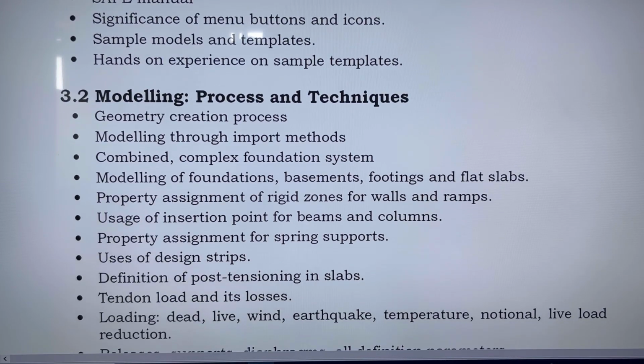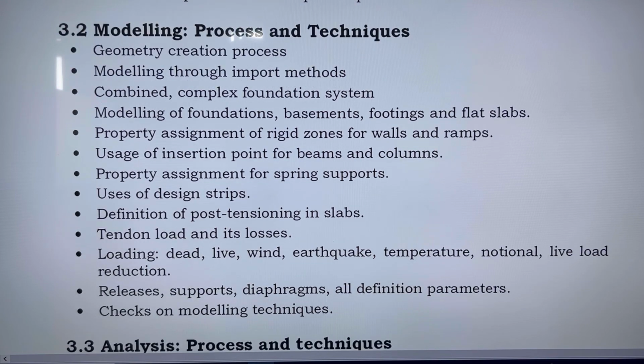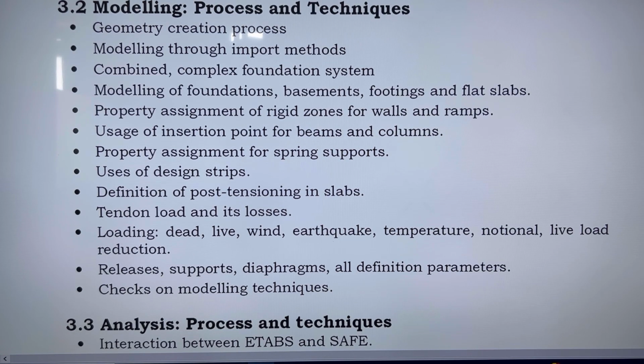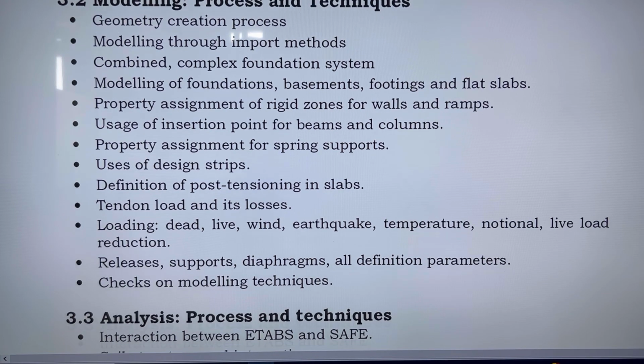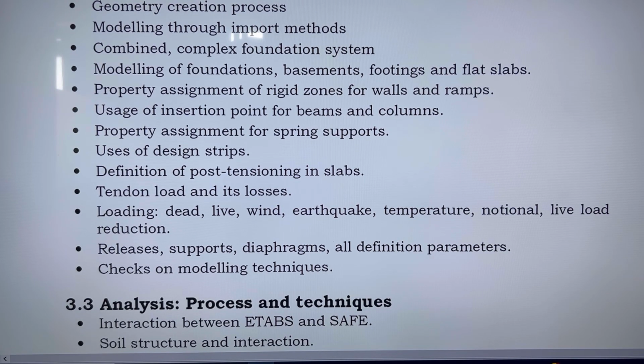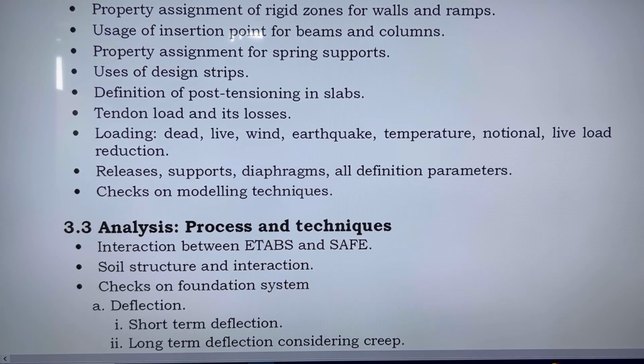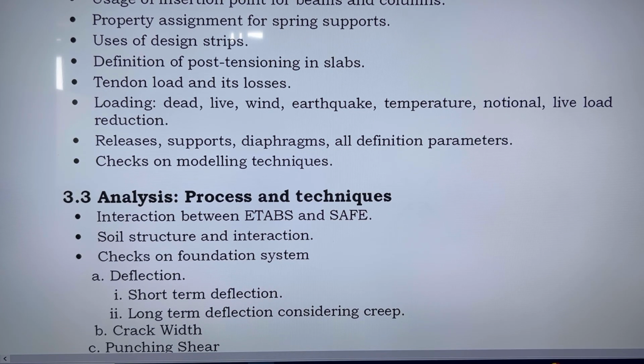In the modeling, we'll talk about geometry generation, modeling through import methods, combined and complex foundation systems, foundation, basement, footing and flat slab, property assignment to the rigid zone of wall and ramp, usage of intersection points for beams and columns, property assignment for spring support, use of design strips, definition of post tension in beam and slab, tendon load and its losses, loading like dead, live, wind, earthquake, temperature, notional, live load reduction, releases, support, diaphragm, and checks on modeling technique.